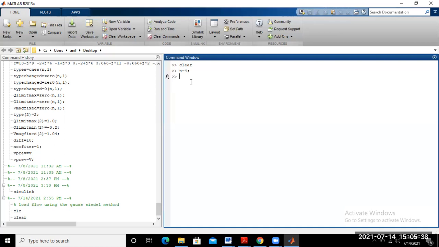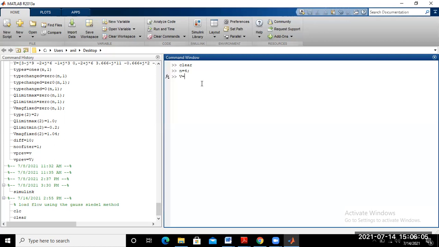Whenever you consider a slack bus in a system, the voltage is 1.04 at an angle of 0 degree. So write here the voltage of all the buses, V equal to, for 4 buses, where one is your slack bus with voltage 1.01.